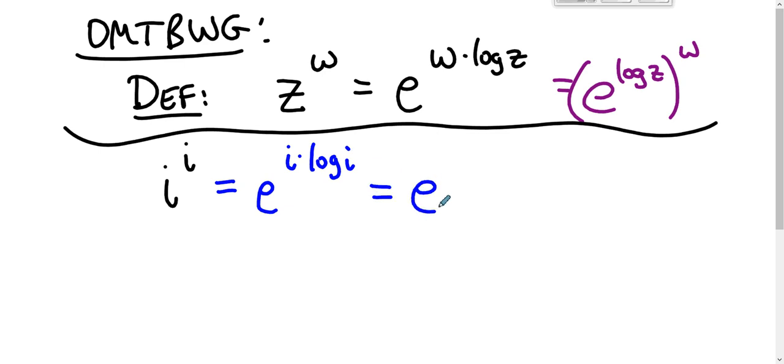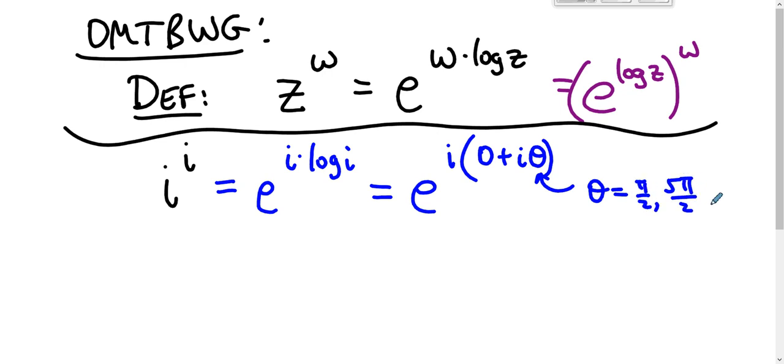And we figured out on the last slide what that is. We figured out that log of i is 0 plus i theta, where theta is pi over 2 or 5 pi over 2 or 9 pi over 2 and so on.